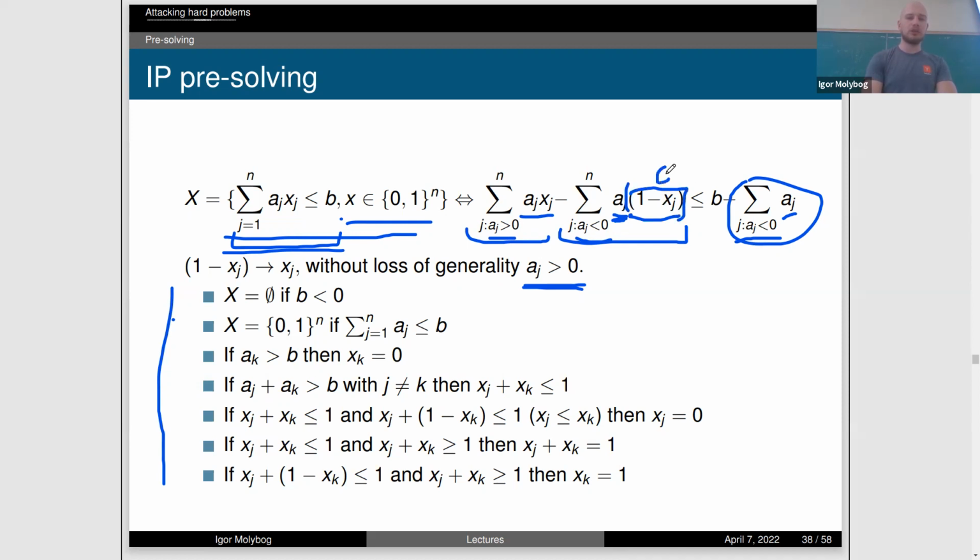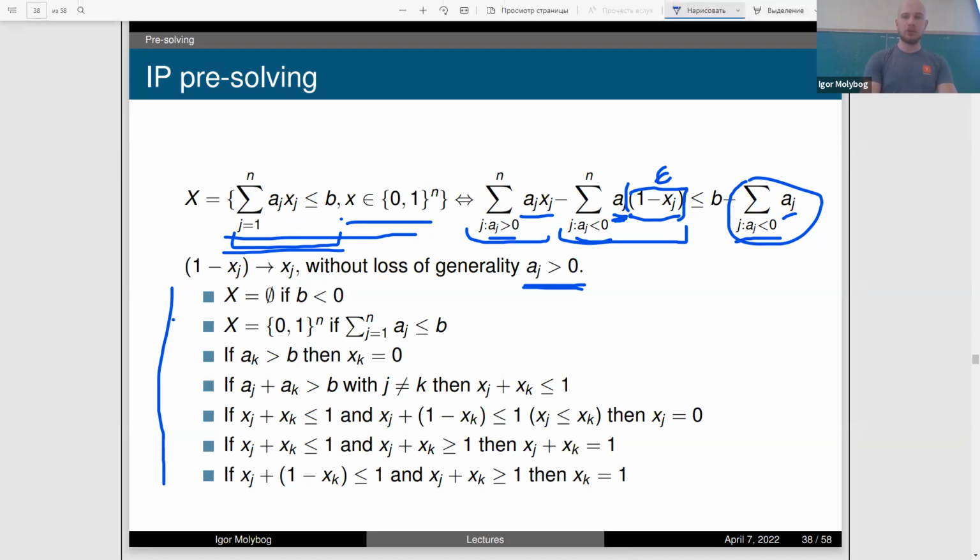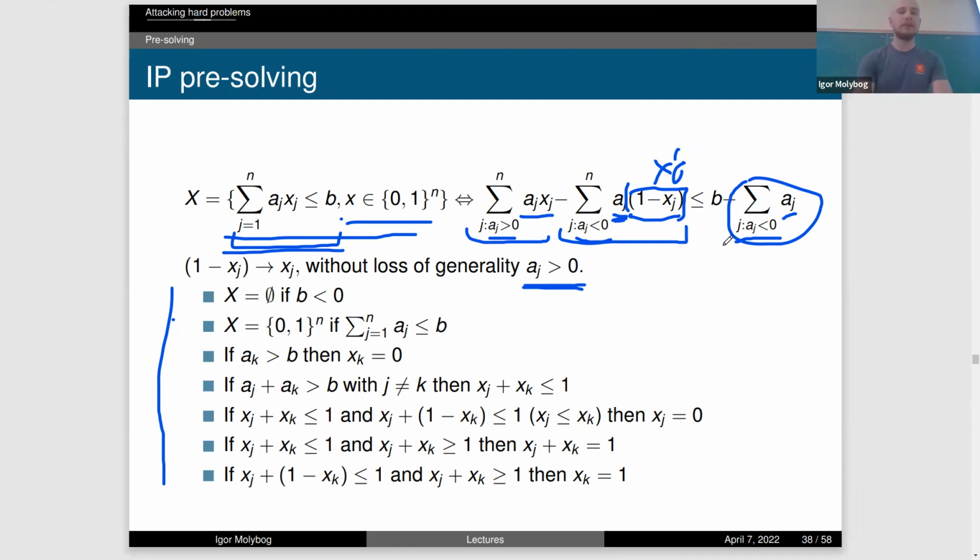You can just say that this is some new variable xj prime, which is also a binary variable, and therefore you basically reduce the problem. Since this new term enters the new inequality with the minus sign, now all of the coefficients in this new problem are positive.